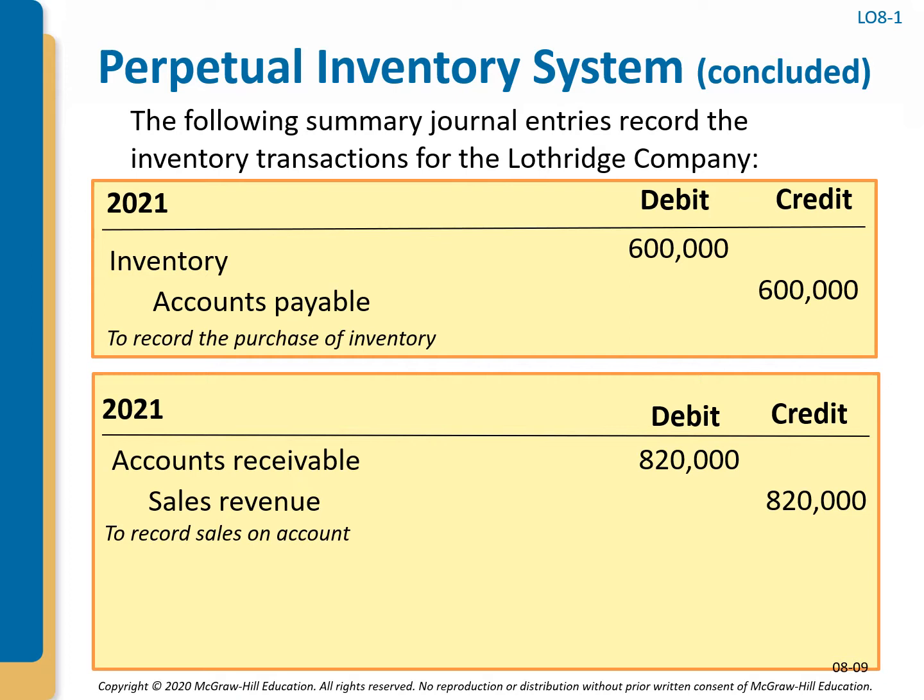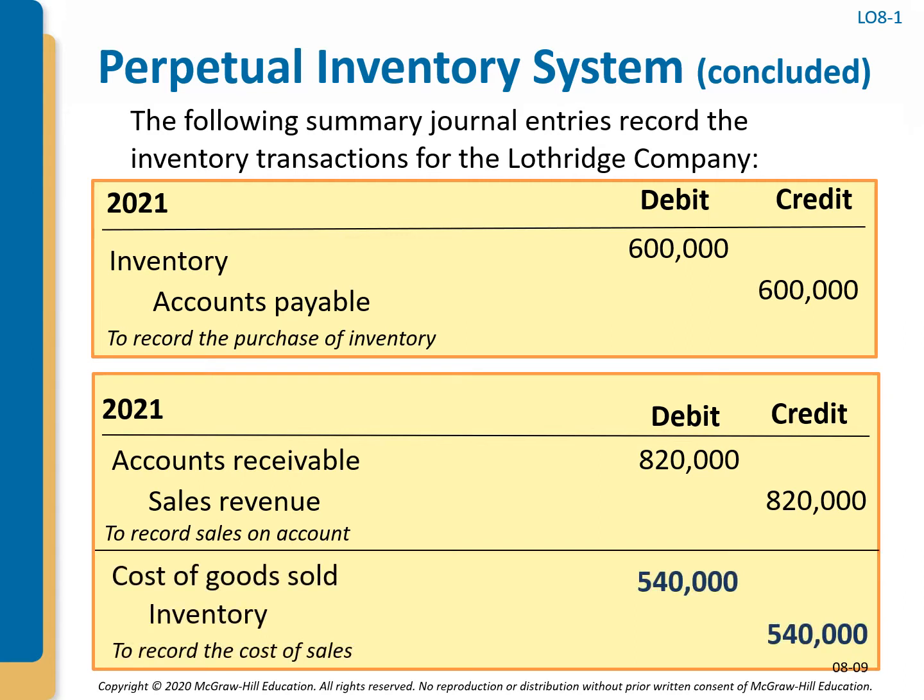Next, we record the sales transaction. Sales was made on credit. Accounts receivable is increased, and so is sales revenue. And at the same time, we have to decrease the amount in inventory by cost of goods sold.